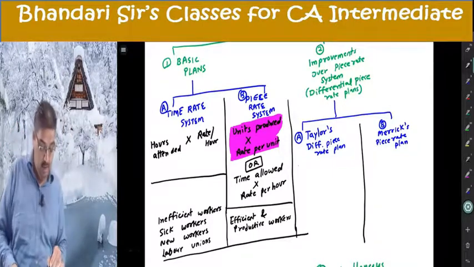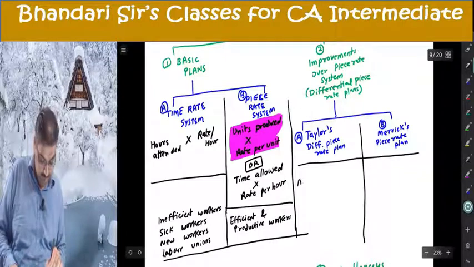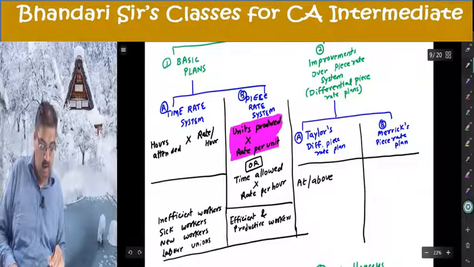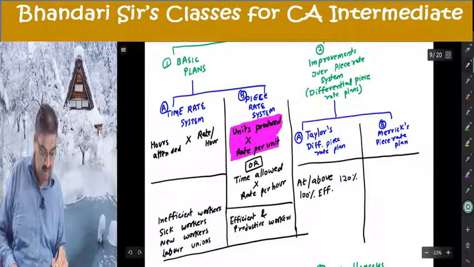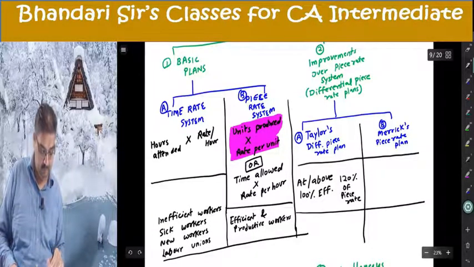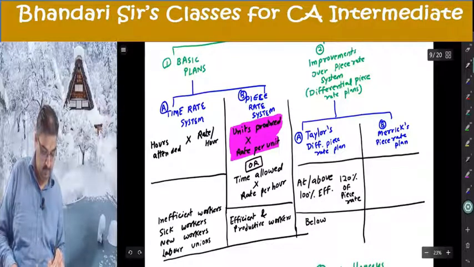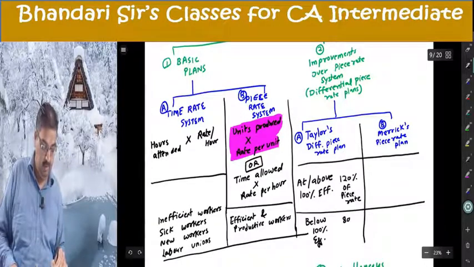So, if workers produce at or above 100% efficiency, give them 120% of piece rate. Below 100% efficiency, give them 80% of piece rate.